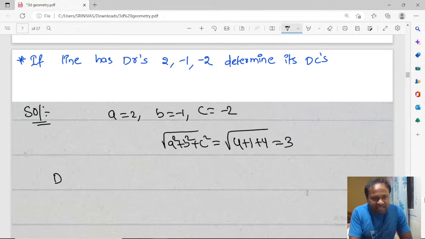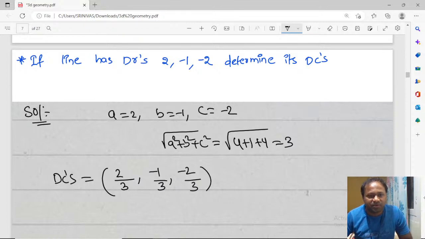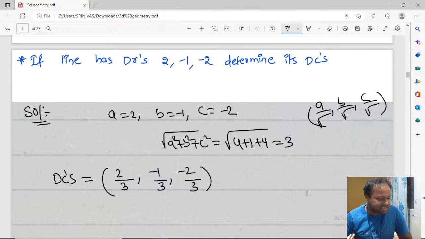Now I need DCs. What do you mean by DCs? A by 3 is 2 by 3, B by 3 is -1 by 3, C by 3 is -2 by 3. Same as the previous formula. A by under root of, B by under root of, C by under root of. Okay, very easy problem.